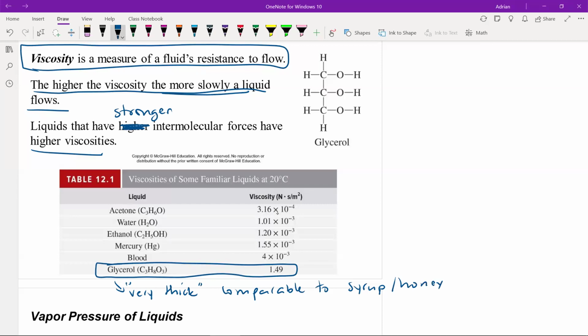And if you compare that to something like water, as we know, water flows a lot easier than syrup or honey, which is what we're equating glycerol to.